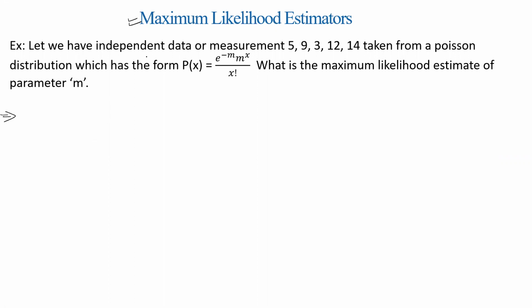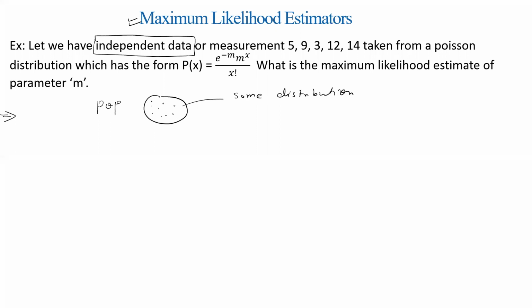So in maximum likelihood estimation, you will be having a set of independent data taken from the population. In the initial class, as I've told you, whenever we have a population, whatever this population has, how many data points it has does not matter. This population has some kind of distribution. This follows some distribution.